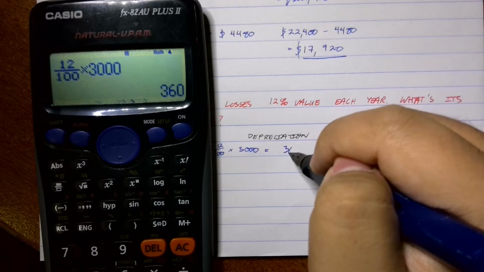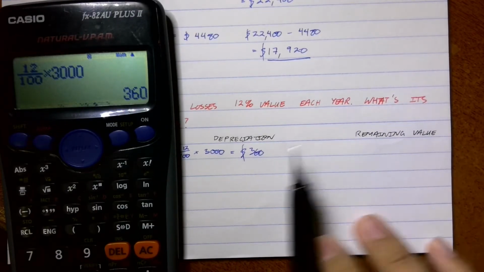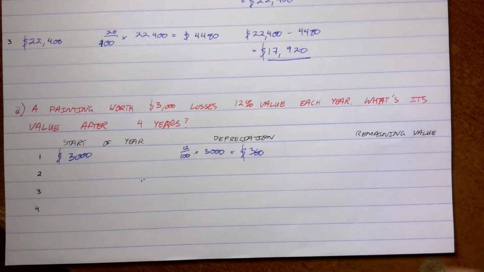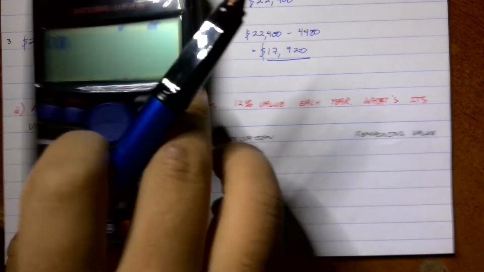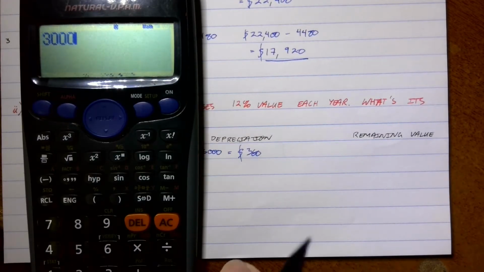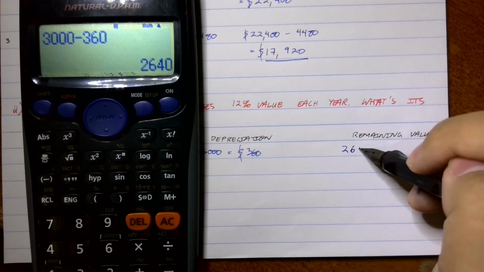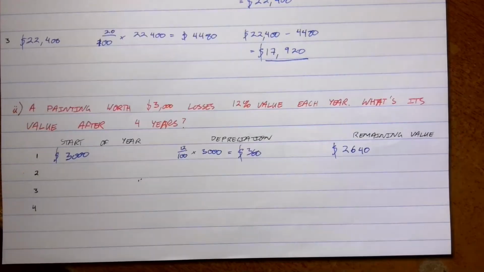That's $360. And we know the remaining amount. We need to subtract this from the original. So 3,000 subtracted by 360 is 2,640. That's its remaining value.